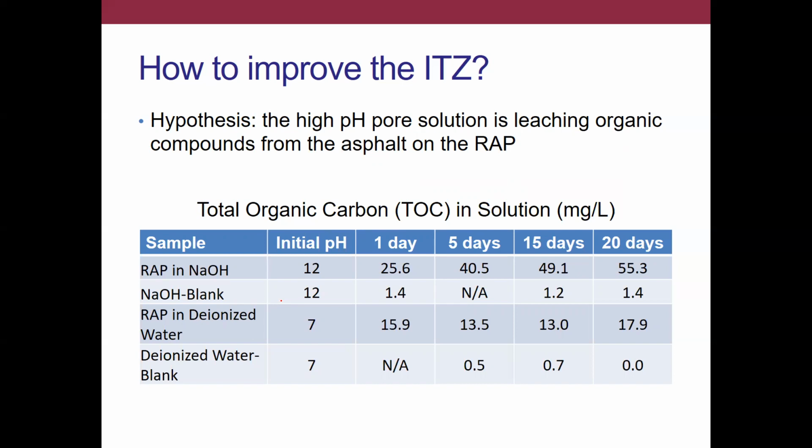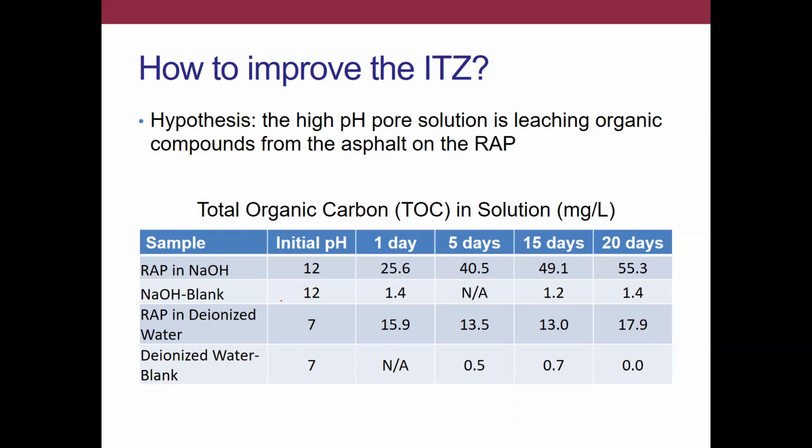We found that if we soak RAP in a high pH solution, something similar to a concrete pore solution, and also compare it to plain deionized water, in a high pH solution we do generate a high total organic carbon content in the solution.